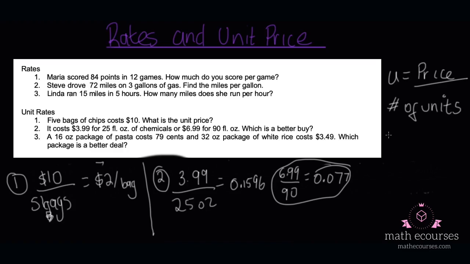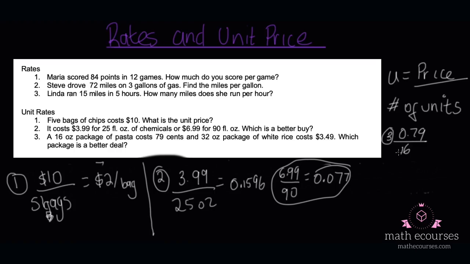For my third example, let's start that right here. I have a 16-ounce package of pasta that costs 79 cents. A 32-ounce package costs $3.49. Which one's a better deal? Well, let's go ahead and convert these cents into dollars. Just divide that by 100. You'll get 0.79. Divide that by 16.